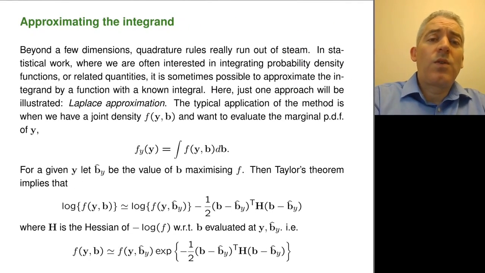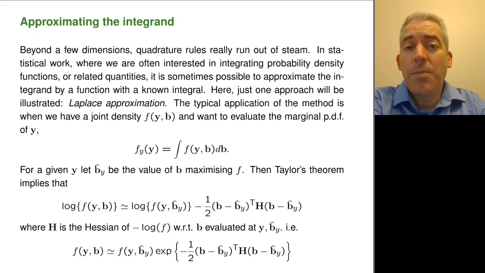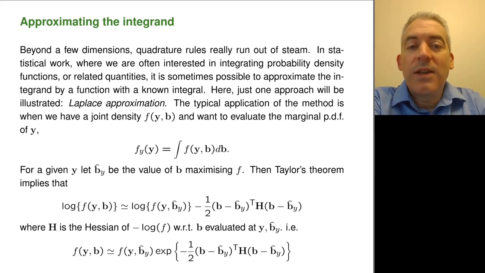So quadrature really doesn't work as the dimension goes up. So, what do you do in that case? Well, as we'll see, ultimately you will wind up resorting to Monte Carlo methods, but let's put that off for the time being, and let's think about some kind of analytical approximation.